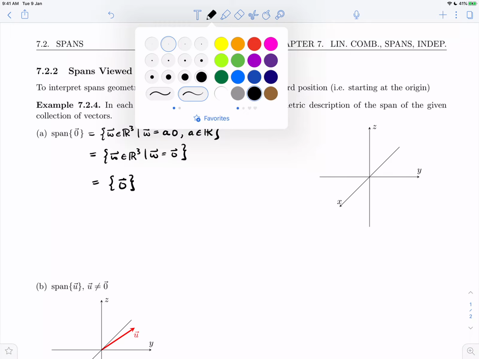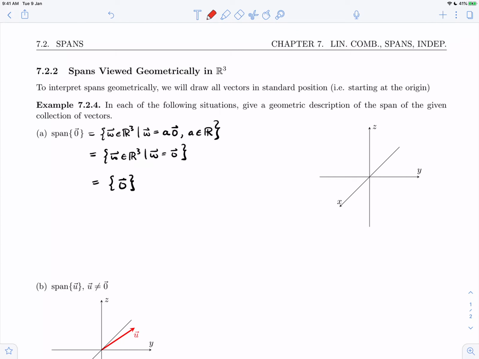So the span of the 0 vector actually is a single vector, and if we plot that vector in standard position, the 0 vector is plotted at a point, it is the point of the origin. So the span of the 0 vector, actually in any space, but in R3 and three-dimensional space in particular, is the point of the origin.